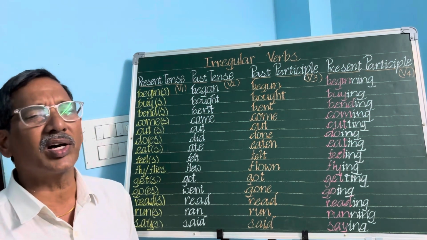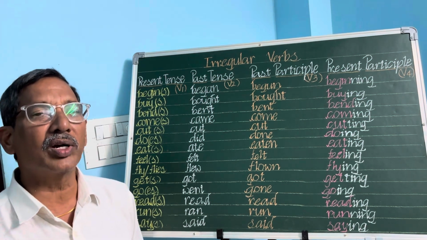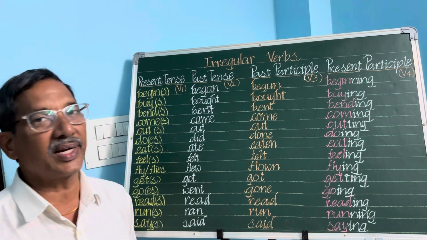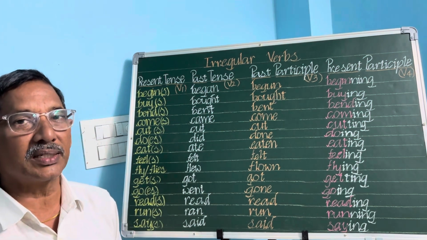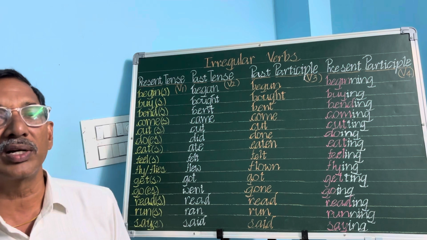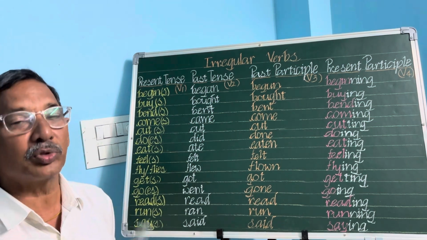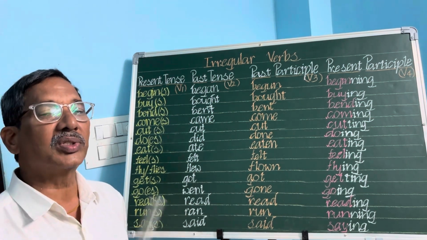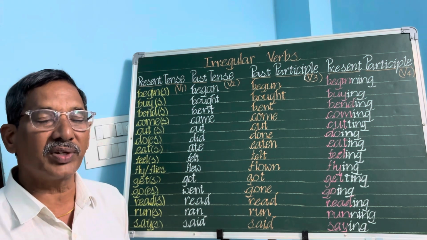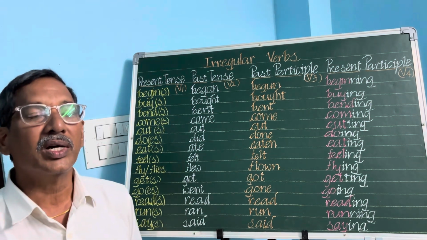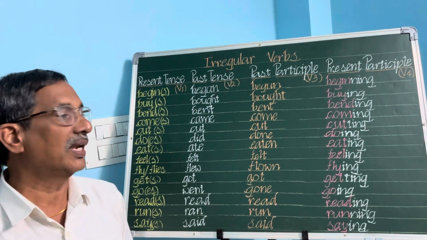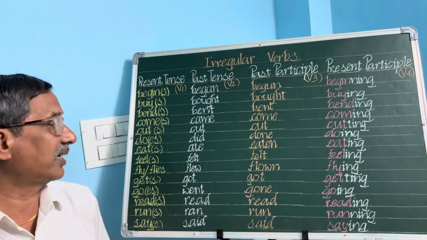But these are irregular because they do not follow any rule, any pattern in forming present tense, past tense and past participle. That's why these verbs are called irregular verbs. So we have to study the conjugation of each and every verb, so that we can use the verbs in our speech and writing.